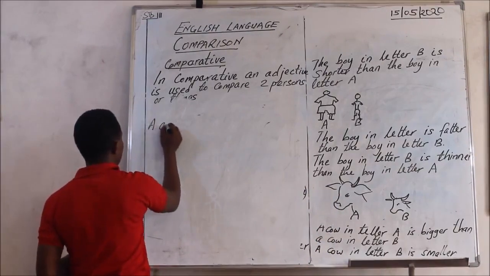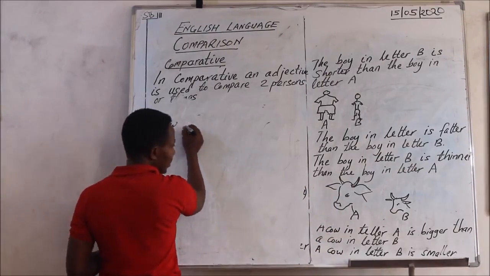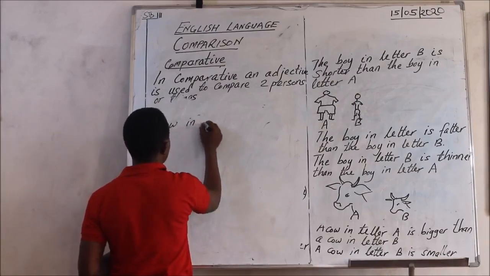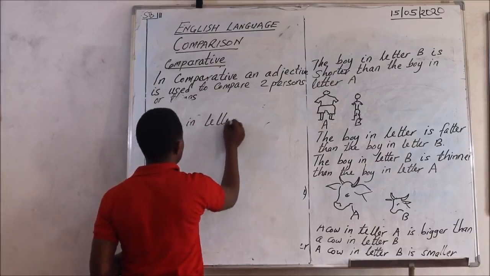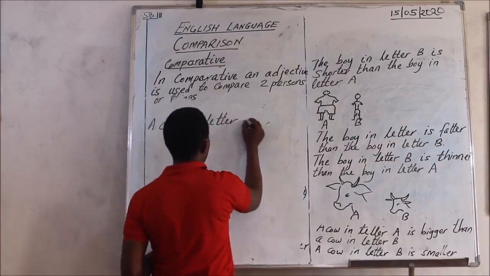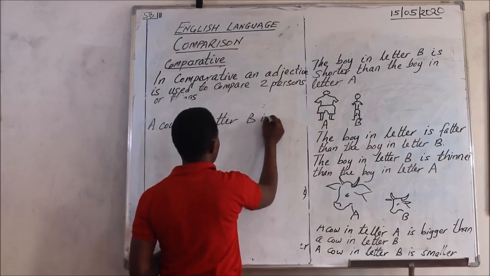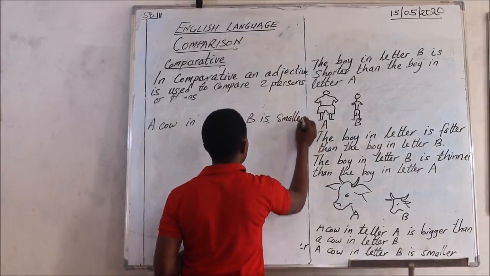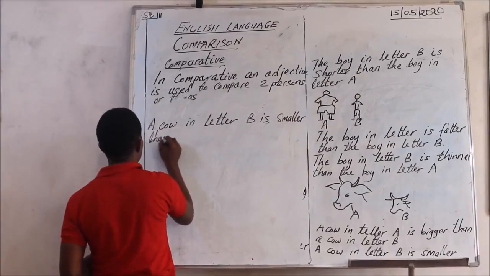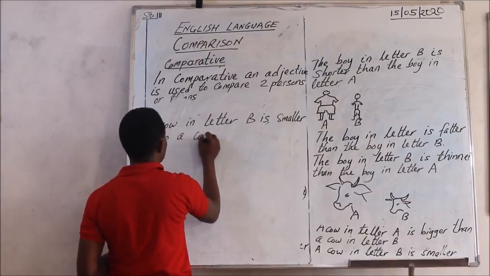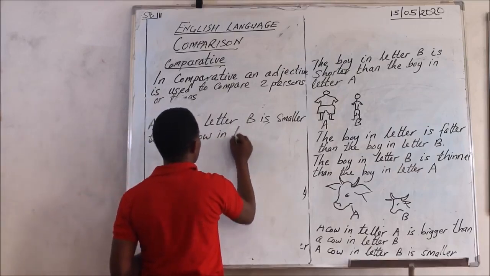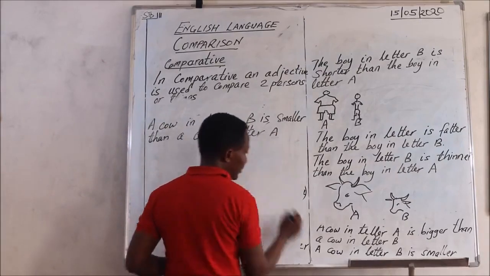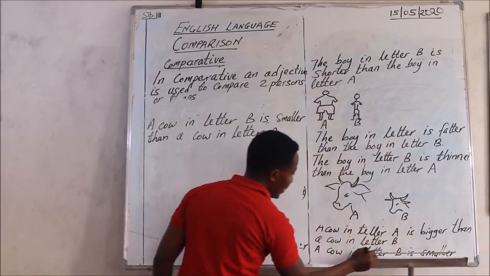A cow in letter B is smaller than a cow in letter A. Let me cancel this because the space was not enough.